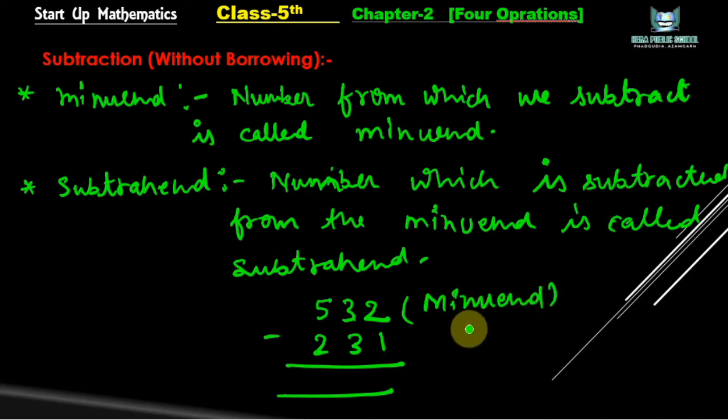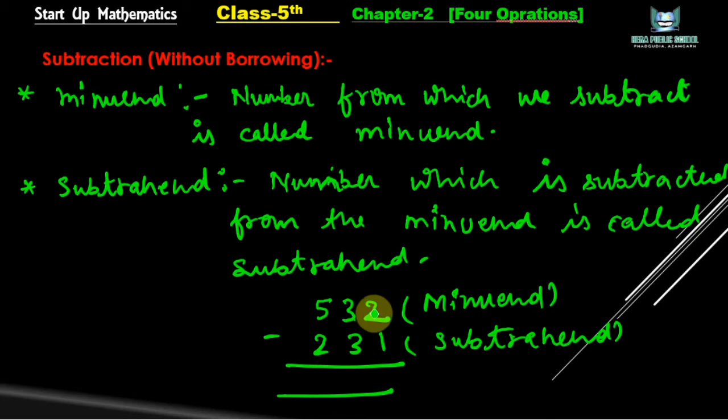The number which is subtracted from the minuend is called subtrahend. And the answer we get after subtracting the subtrahend is called difference.